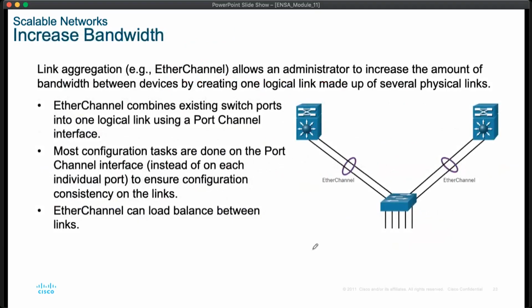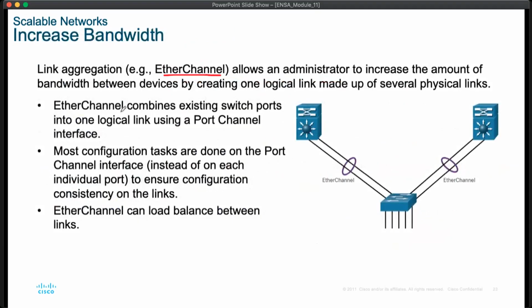Increase bandwidth. Link aggregation. This one is all under scalable networks. For example, EtherChannel allows an administrator to increase the amount of bandwidth between devices by creating one logical link made up of several physical links.